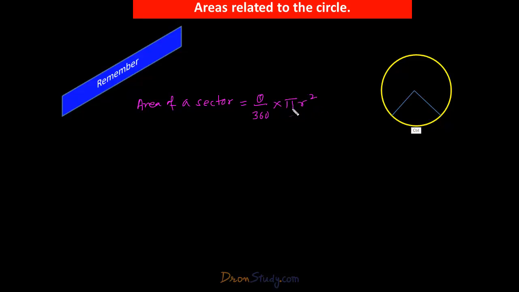So this is the sector and the area of this sector is given by theta by 360 into pi r square, that is theta by 360 into the area of the circle.